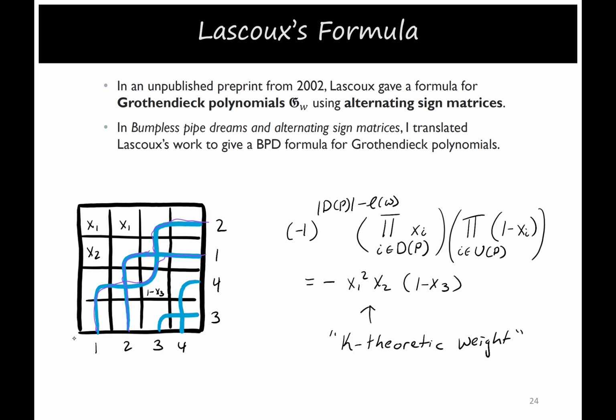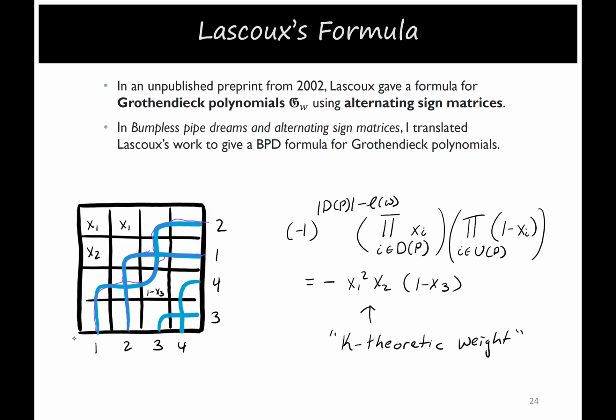But this is really the translation that I gave of an older formula of Lascoux, where he wrote a formula for Grothendieck polynomials as sums over literal alternating sign matrices. If you know this paper, Chern and Yang through ice, what Lascoux did there was he introduced this thing called inflation on ASMs, which was a way to iteratively get rid of the -1s until you find yourself at a permutation matrix.